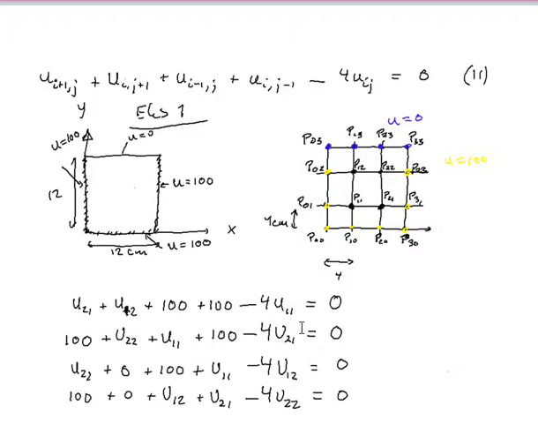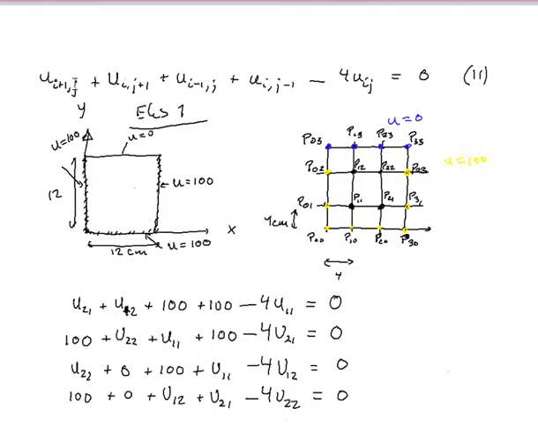Let us do exactly the same for the next point, P21. In this case, we replace i in this equation by 2 and j by 1. Then we obtain U(i+1)j. Remember that i is equal to 2, so 2 plus 1 is 3.